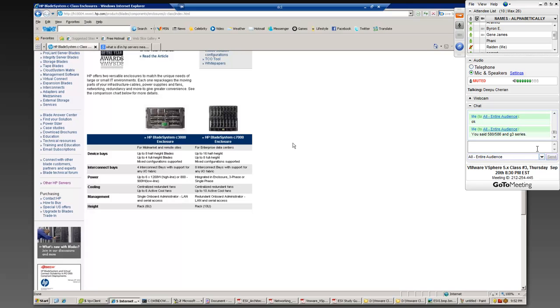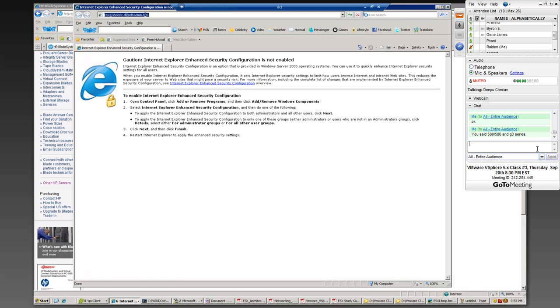Okay, so when it comes to blade servers, HP has actually, in order to put blade servers, let me show you a picture here.